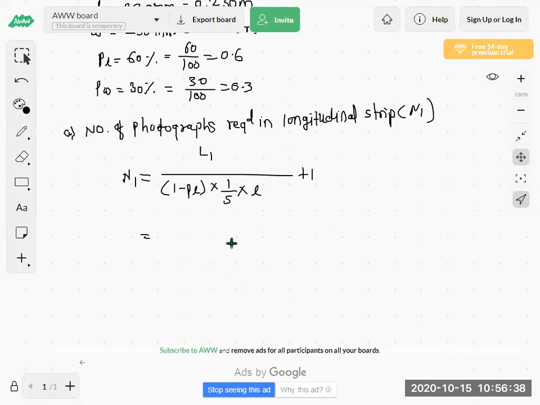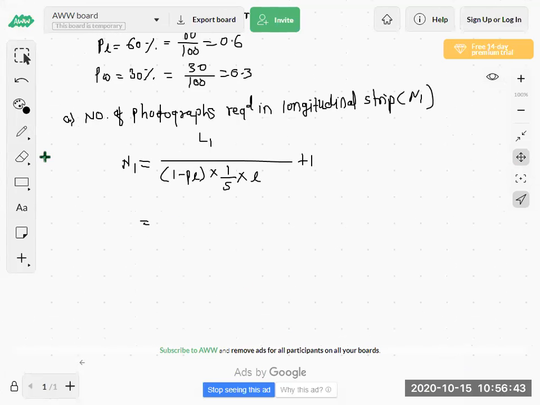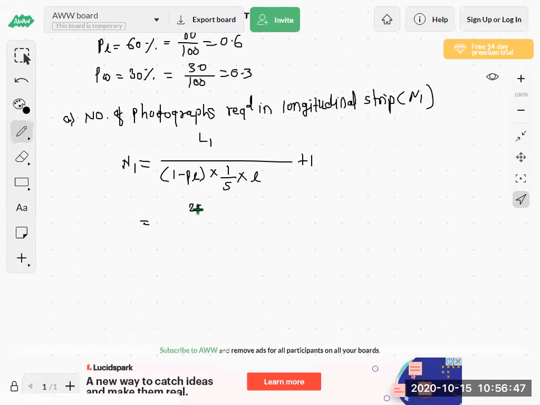Now we have to put in the values. How much is L1? L1 is the length of the ground, so this is 25,000.